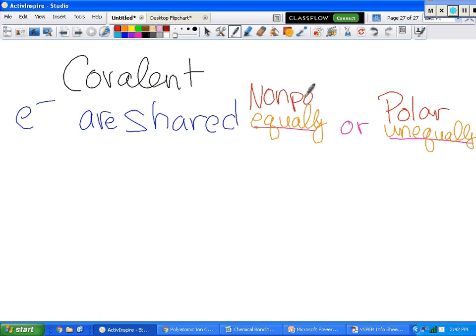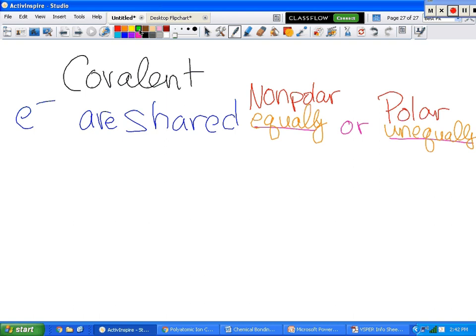When I say people want to match the negative prefixes, what do I mean? Non and un. People always want to put those two together because they are those negative things, but it's opposite. I can't do anything other than stress, pay attention to the details. So if it's shared equally, it's nonpolar. If it's shared unequally, it's polar.